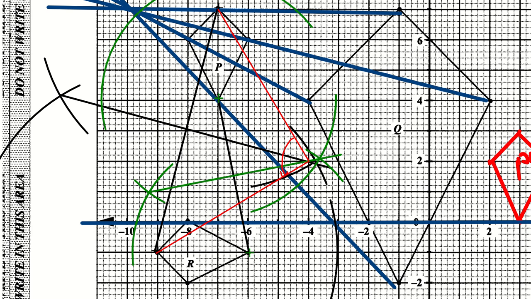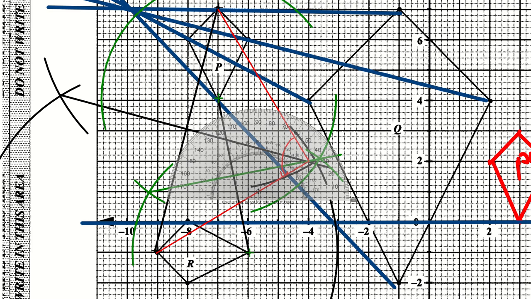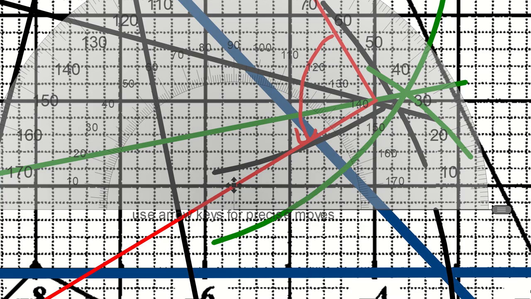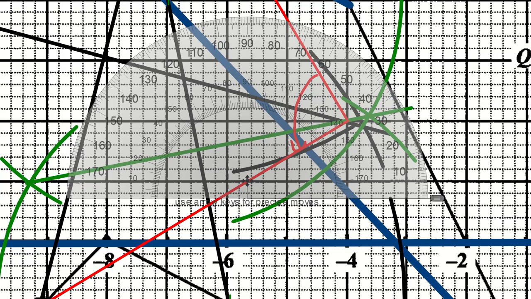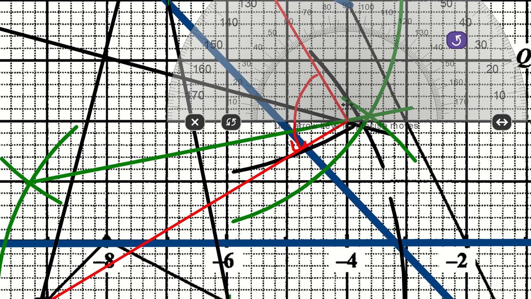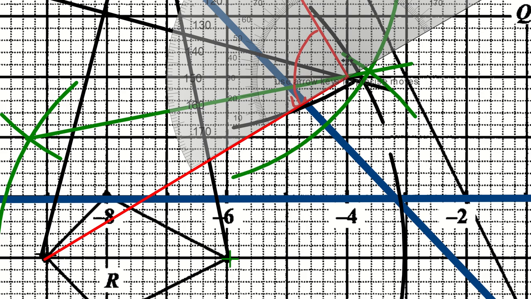Then you take your protractor. Let's make this a little bit smaller and I'll zoom in so we can see. I'm going to take my protractor and line it up with the center here. And then let's rotate. I believe that's supposed to be 90 degrees. Yep. So let's go to the next page.